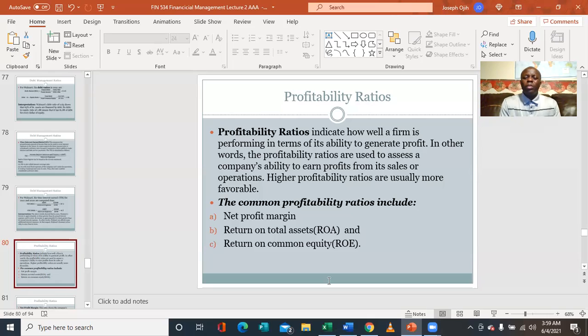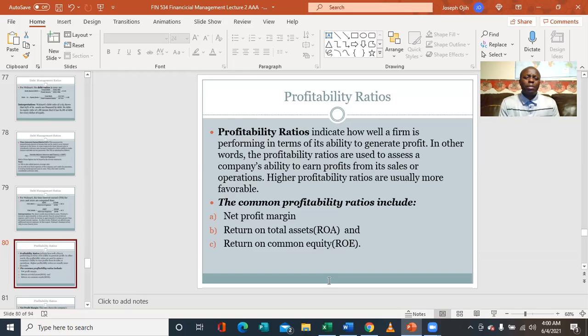When we want to assess a company's ability to earn profit from its sales and operations, that's when we use the profitability ratios.